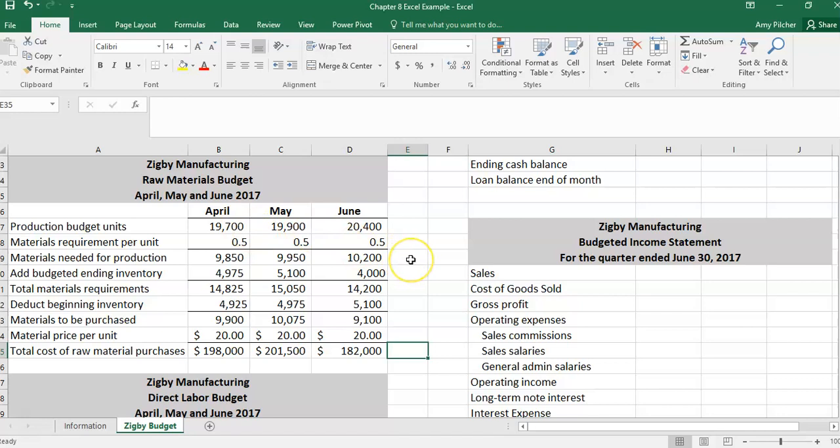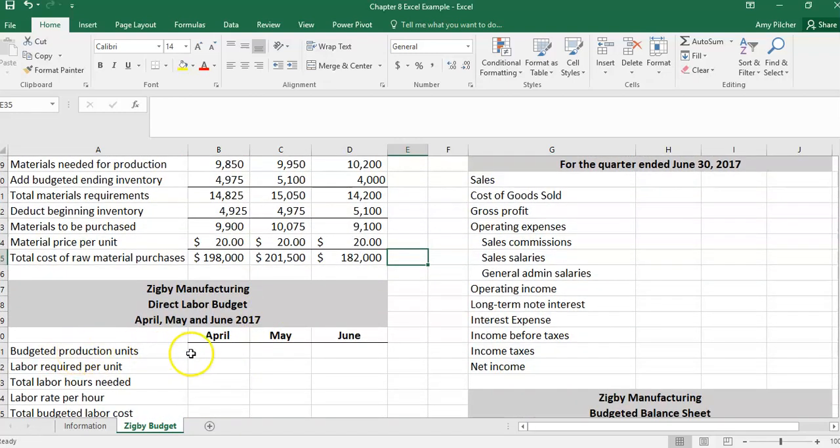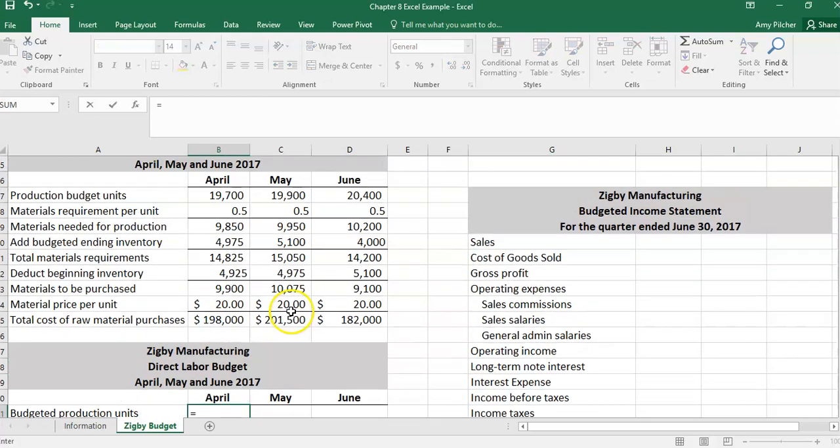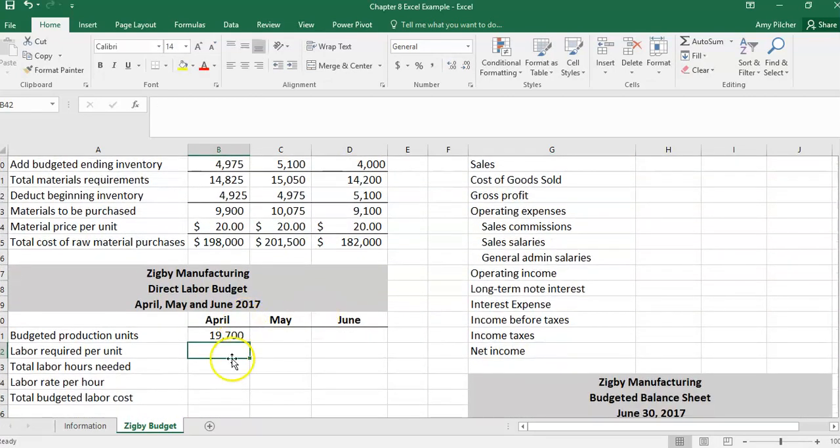Next, we need the direct labor budget. Our direct labor budget starts exactly the same way as the raw materials budget, with our budgeted production units from the production budget. We then need to know how many hours of labor are required per unit and how much we pay for labor.